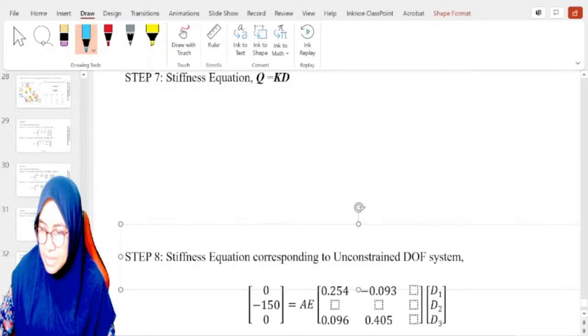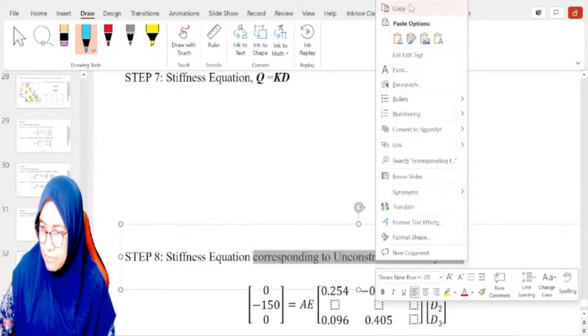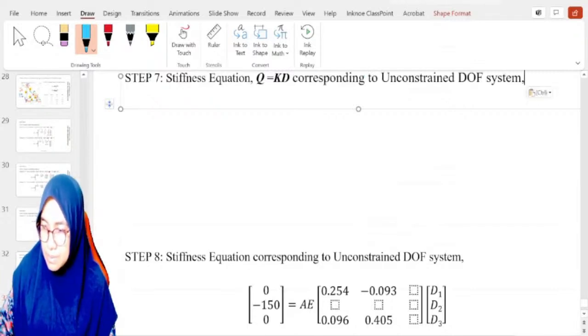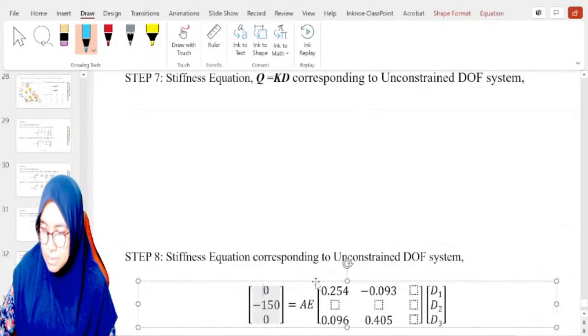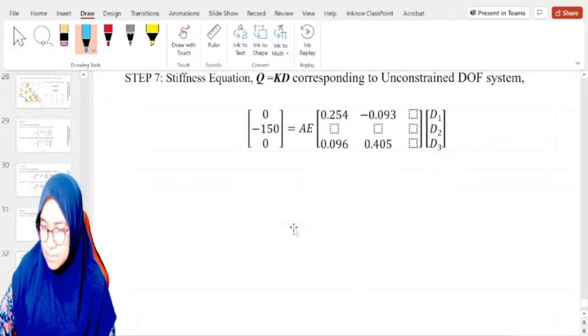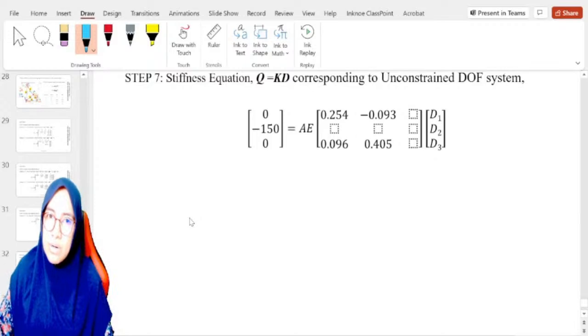Okay, this is the stiffness equation corresponding to the unconstrained degree of freedom system, because we only need this to identify the unknown displacement.